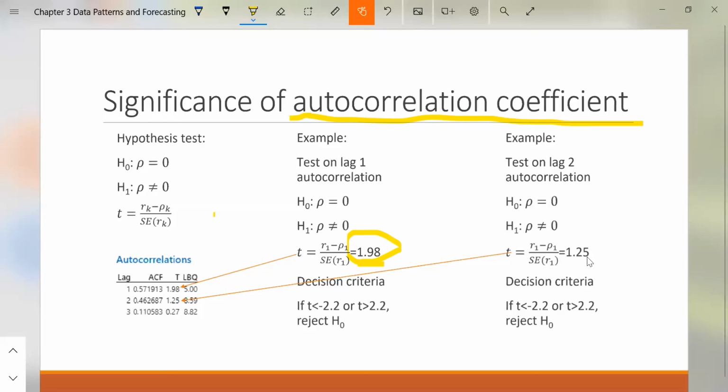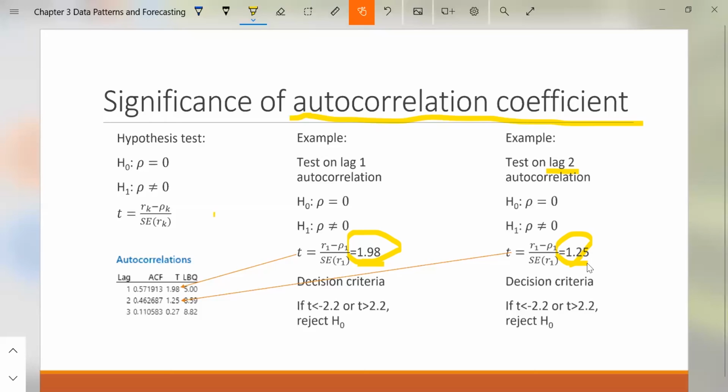Okay? And if we look at lag 2, that t-test statistic is even smaller, 1.25. So we can definitely tell for the population, such autocorrelation observed in the sample actually is not true or is not significant. Actually, significant is the term that we should be using in statistics. It's a common term that people who know statistics all know the meaning of.